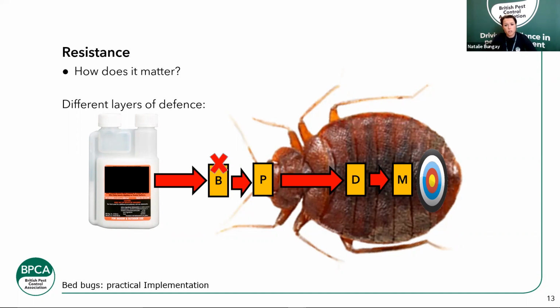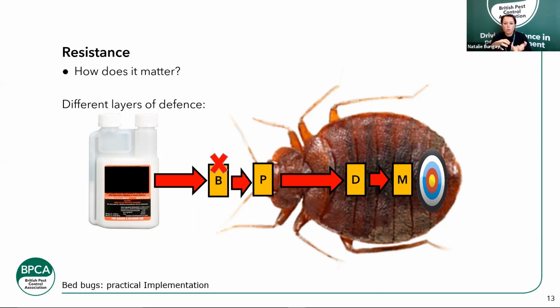And then we've got the last one, so the mutant site of action, and this is where the actual target site, for example, cholinesterase, I never say that enzyme, in this case of carbamates, has evolved a slightly different structure, and it doesn't work with that target zone.